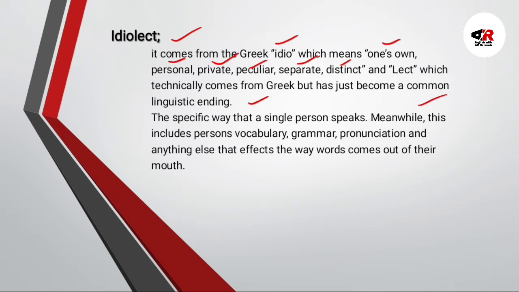So idiolect is the specific way that a person speaks: what kind of vocabulary you use, how you pronounce it, what kind of grammar you use, and how you use it.